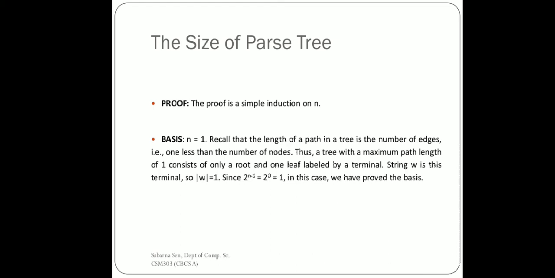Another point is that the number of nodes lying on that path is always one more than the number of edges, because in a tree, and I am not talking of a graph, the number of edges is always one less than the number of vertices.